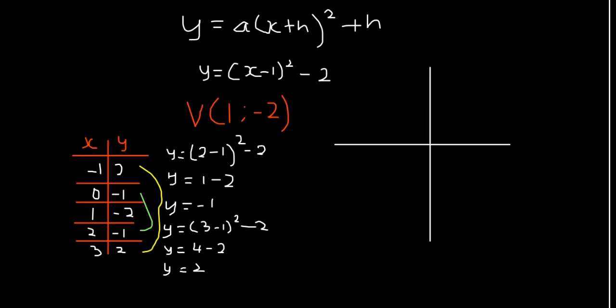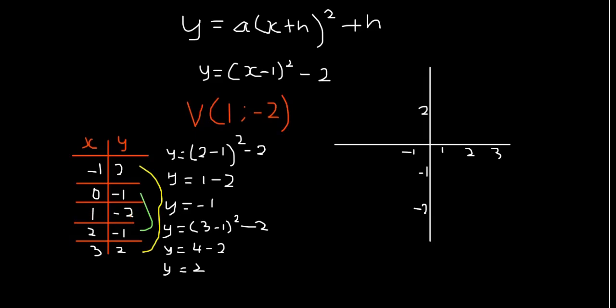The values we need here, we will need -2 here, -1, and we will also need -1 here, and we will need 1 here, we will need 2 here, and also 3, and then we will need maybe 2 here. Where there is 1, we've got -2.